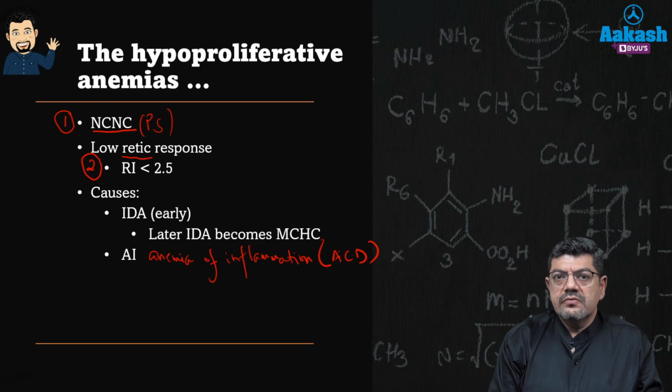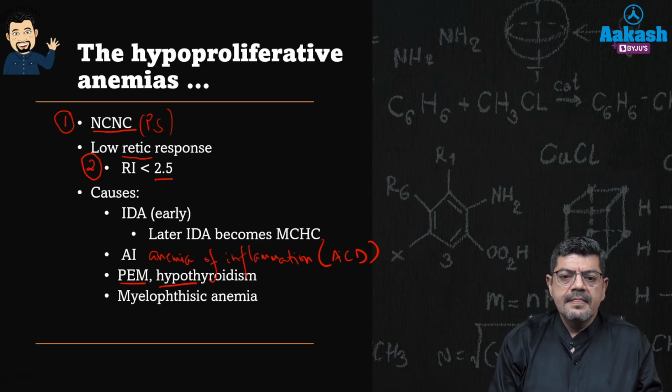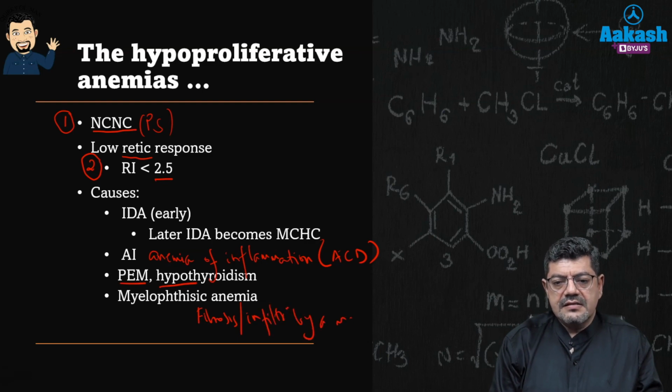Endocrine conditions with a low metabolic rate like protein energy malnutrition, like hypothyroidism, are also associated with a poor reticulocyte or poor bone marrow response to the anemia. Myelophthisic anemia is an anemia that occurs because of bone marrow infiltration. Often this is either fibrosis or infiltration by a malignancy, right?